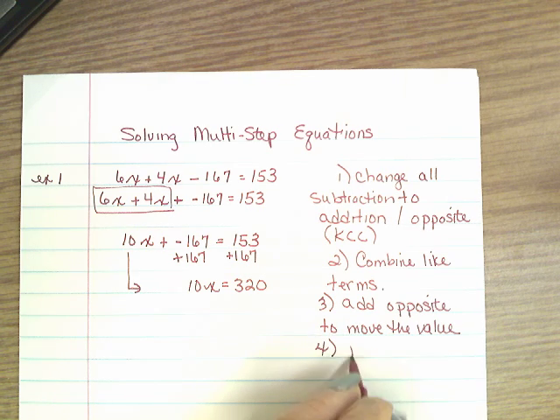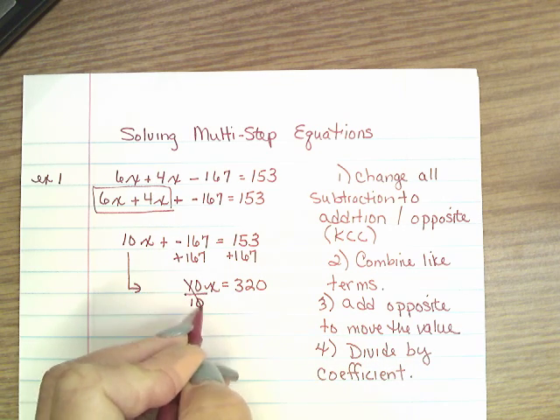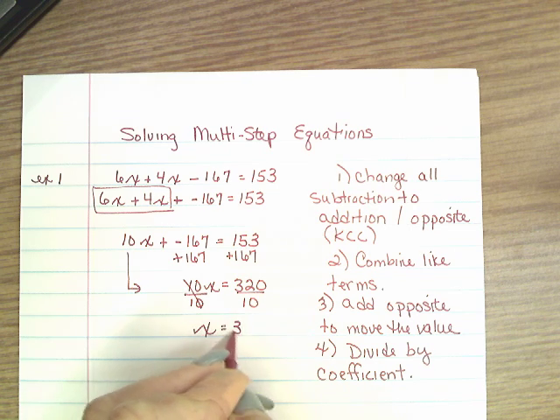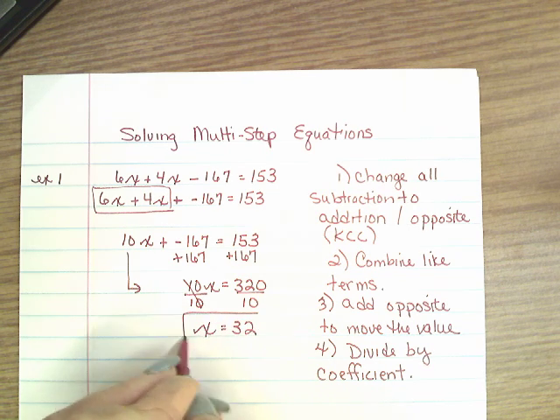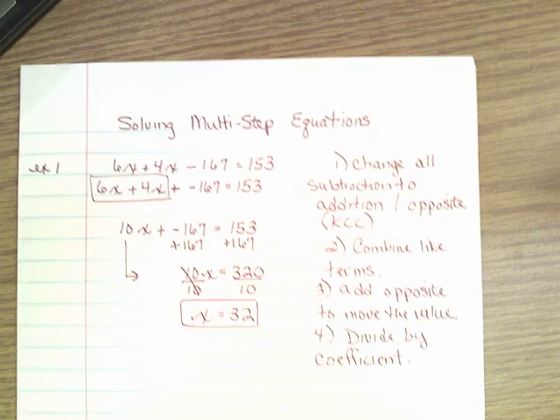And then we're going to divide by the coefficient. So divide by 10, divide by 10, x is equal to 32.